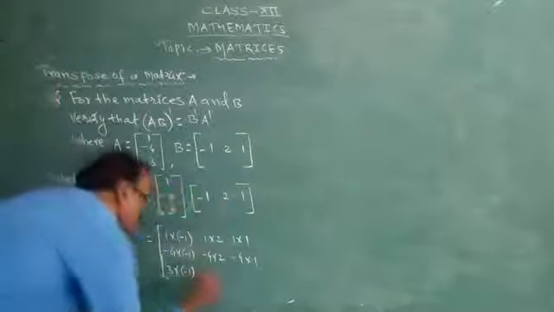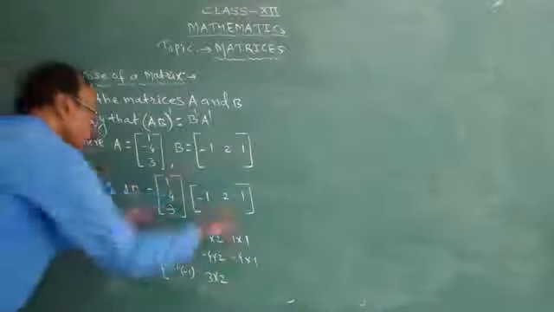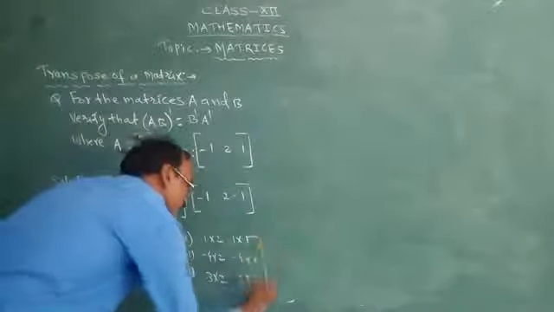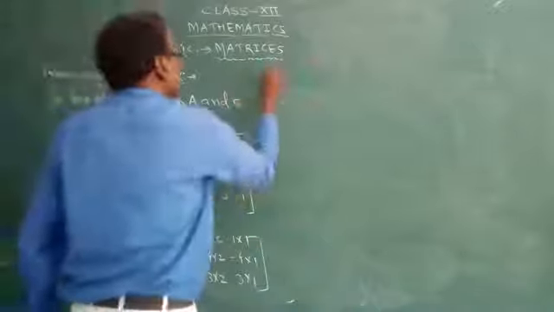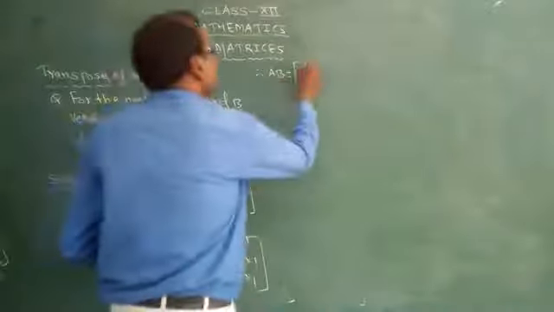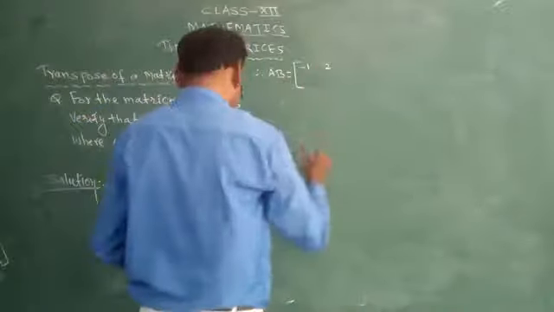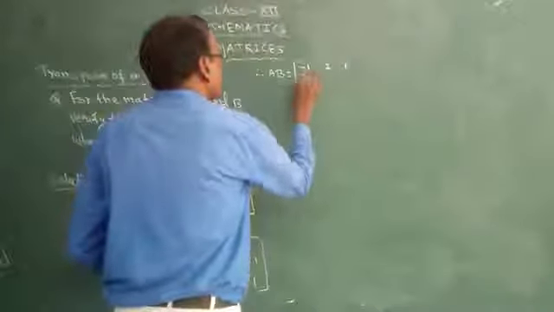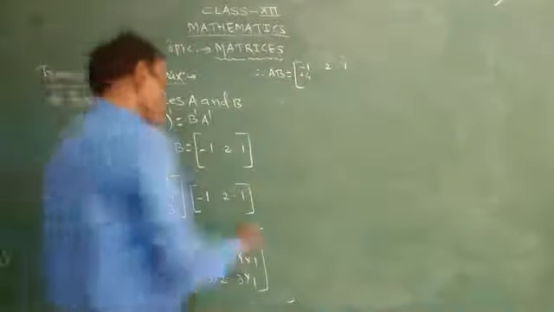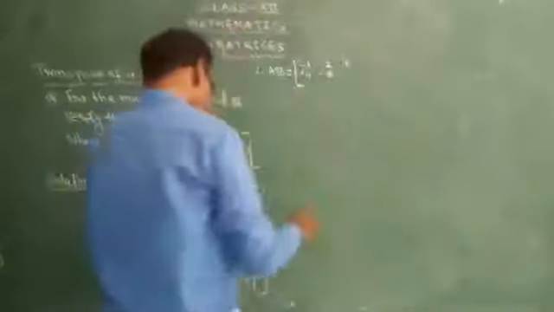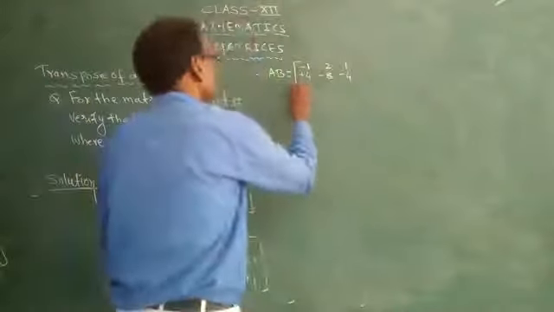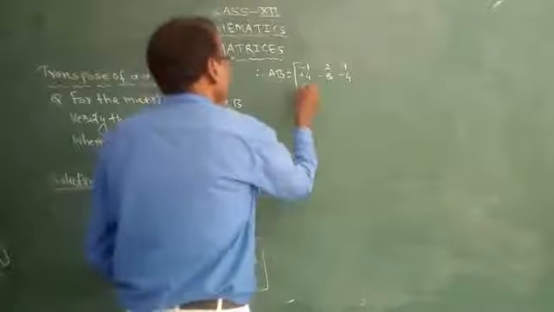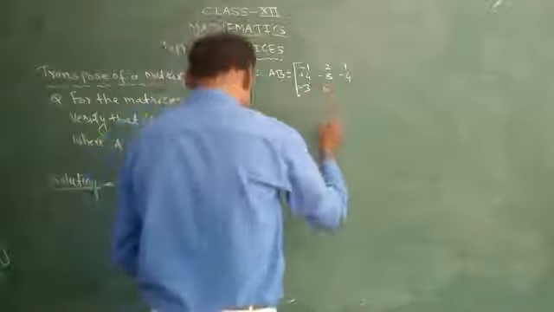Third row, second column, 3 into 2. Third row, third column, 3 into 1. Therefore, A into B equals: this is minus 1, this is 2, this is 1, this is plus 4, minus 4 into minus 1, minus 8, then this is minus 4, then minus 3, 6, this is 3. Okay.